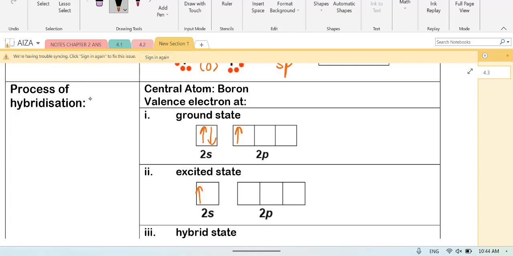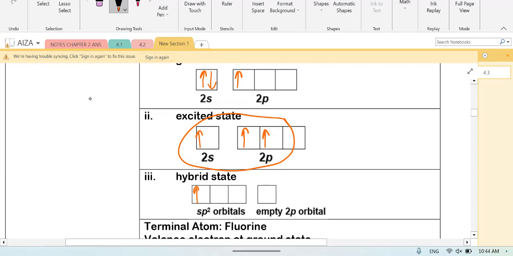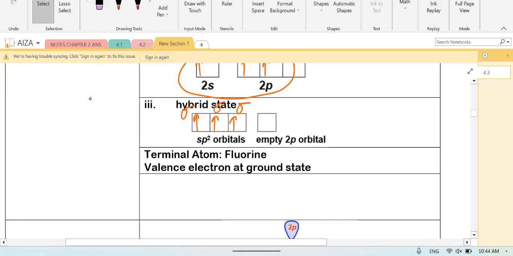We need to promote one of the electrons, and then we mix these orbitals to make sp2. That's why boron is able to make 3 sigma bonds to fluorine atoms.